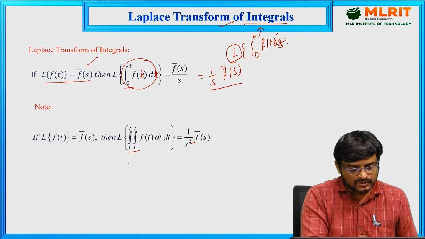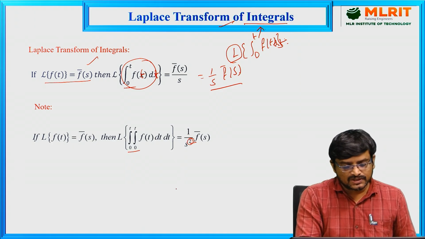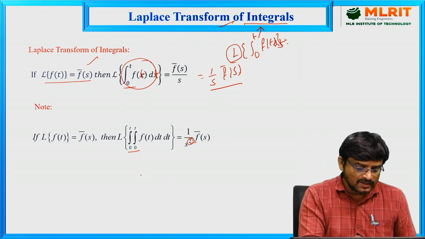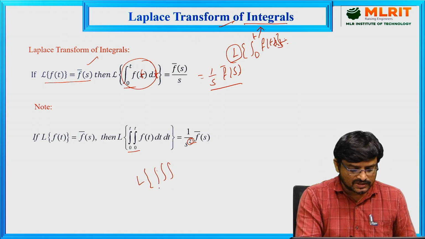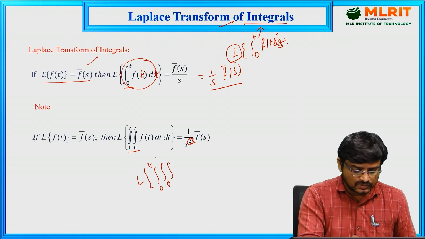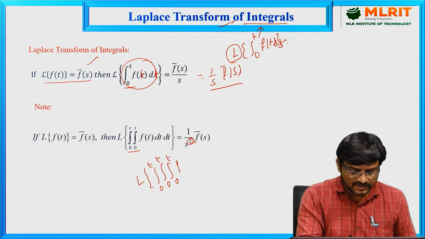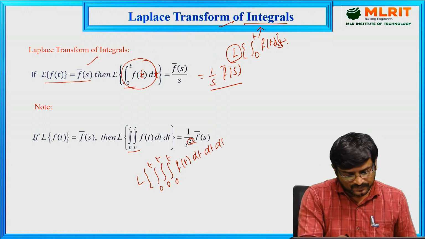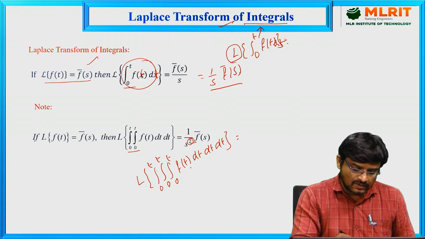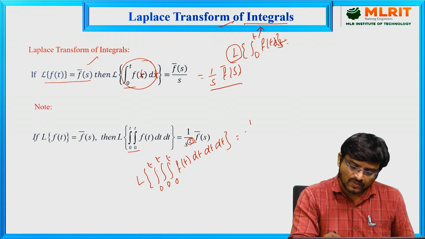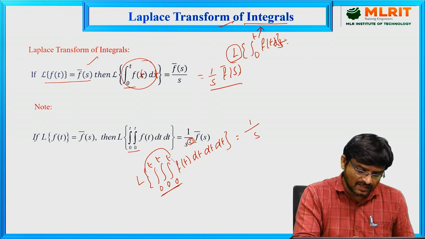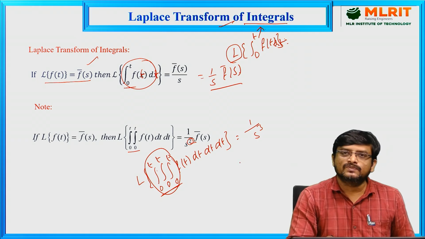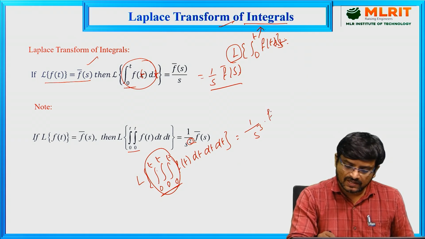Similarly, if we have three integrals, integral 0 to t, integral 0 to t, integral 0 to t of f of t dt, then this Laplace transform value is given by 1 by s power 3 into the function f bar of s.